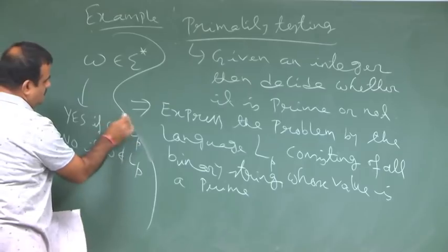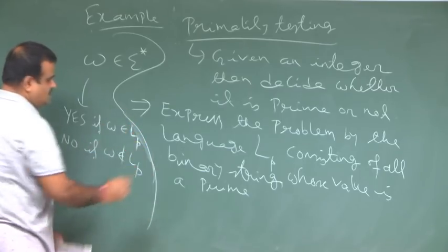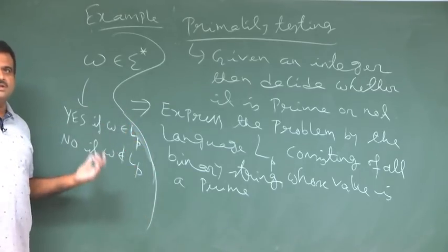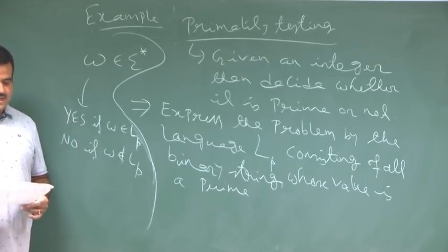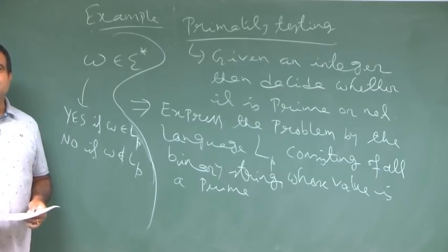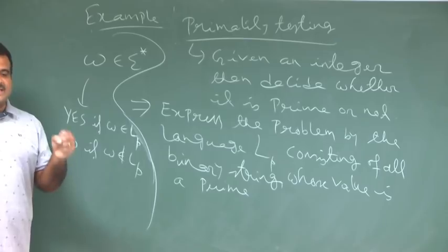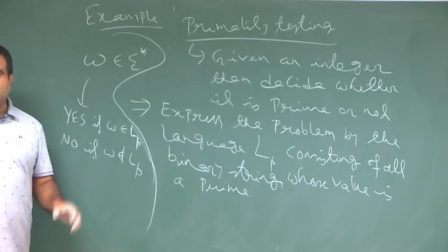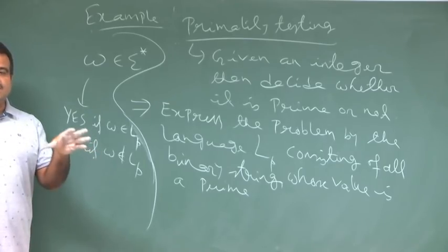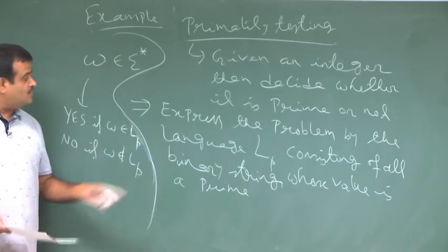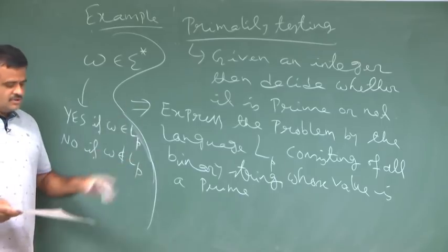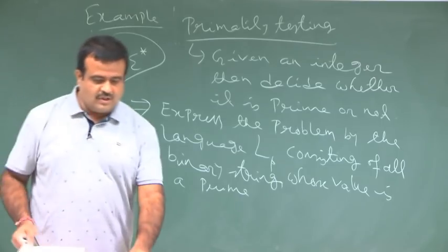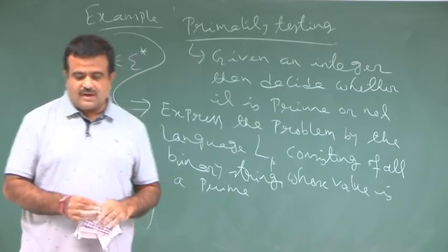So, this is the decision problem, yes or no. We have to model it in such a way that we have a finite automata that will accept only those strings whose value is a prime number, which belongs to LP. So, this type of problem we will handle with the help of a DFA.